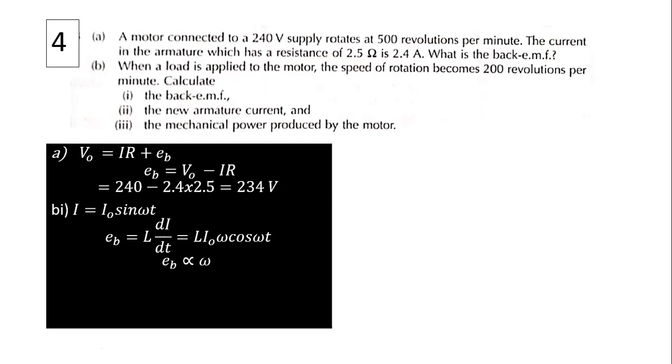If you don't know the formula, the back EMF is proportional to epsilon naught. You now use that straight away rather than differentiate it. And know that the amplitude of the EMF is proportional to your frequency. So EMF 2 over omega 2 equals EMF 1 over omega 1. Then you want back EMF, take omega 2 across.